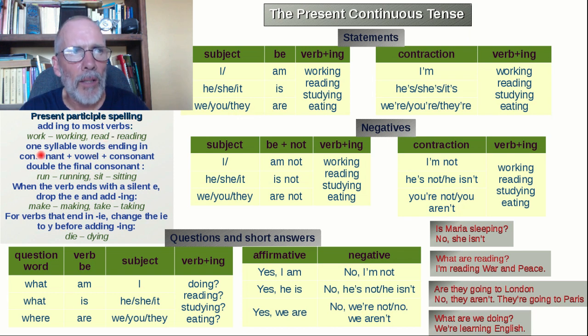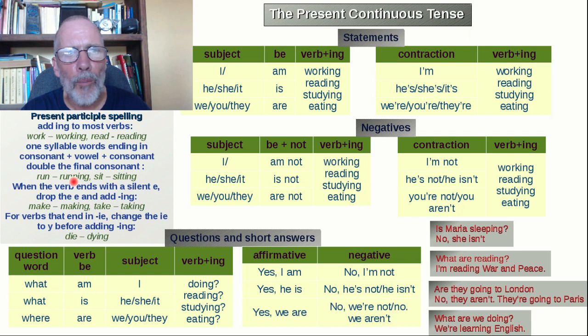And underneath we have some exceptions to the general rules. The first exception is one syllable words ending in consonant, vowel, consonant: double the final consonant. For example, run. Run is a one syllable word. It is consonant, vowel, consonant.